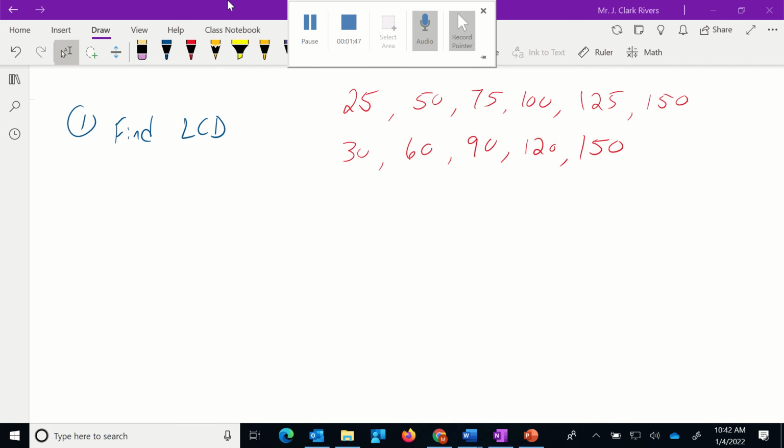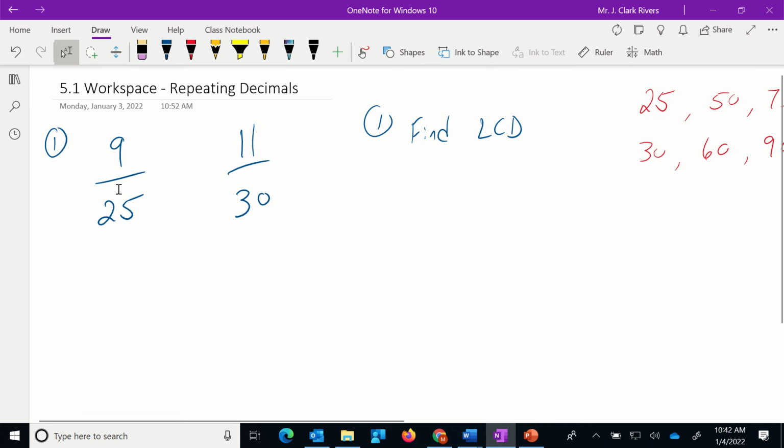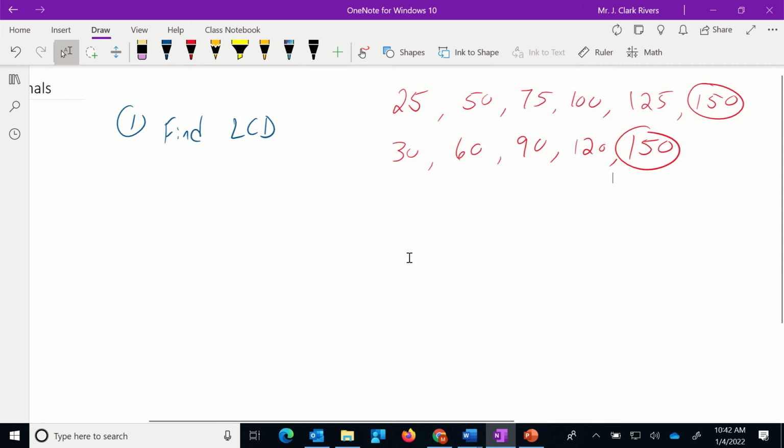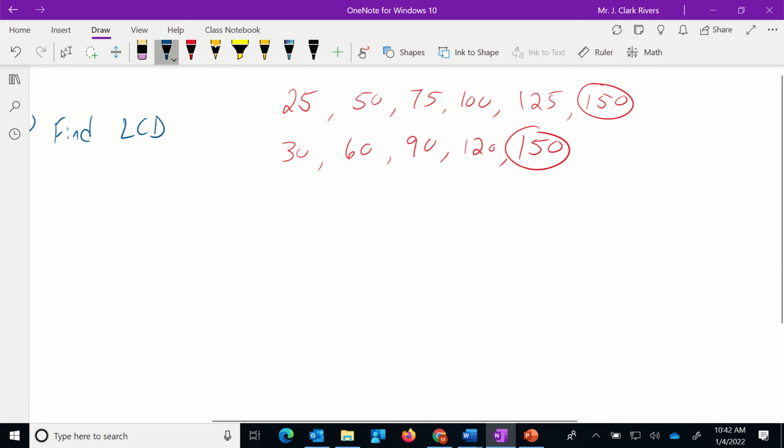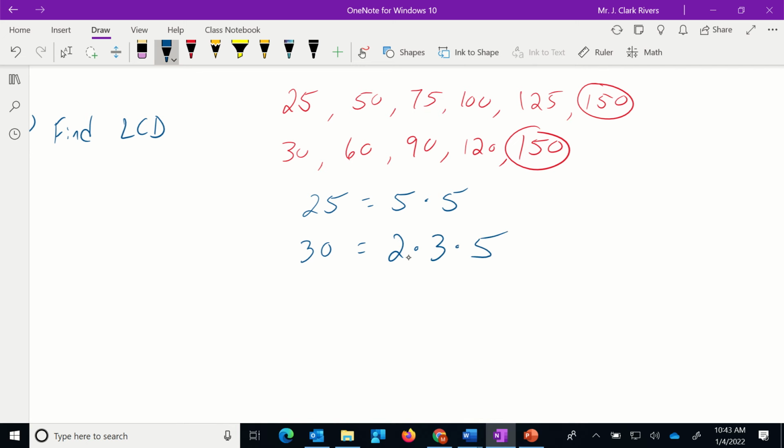All right, so there's a couple ways to do this. One way is to write out all the multiples of 25 and 30. When you do that, you see 150 is the LCD of 9/25 and 11/30. The alternative way to do this is 25 is equal to 5 times 5, and 30 is equal to 2 times 3 times 5.